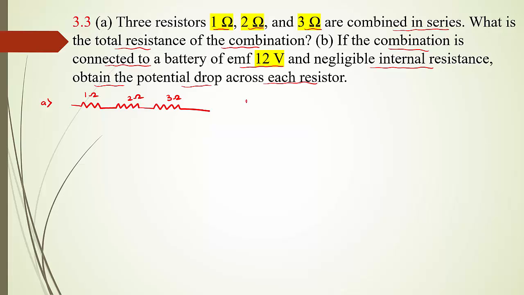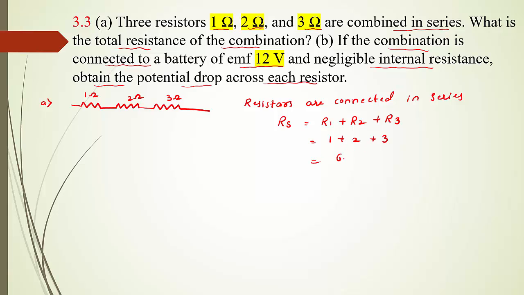We know that when resistances are connected in series, we have the equation Rs is equal to R1 plus R2 plus R3. Now substitute the values: 1 plus 2 plus 3. 1 plus 2 is 3, 3 plus 3 will be 6 ohm. So this is R equivalent.